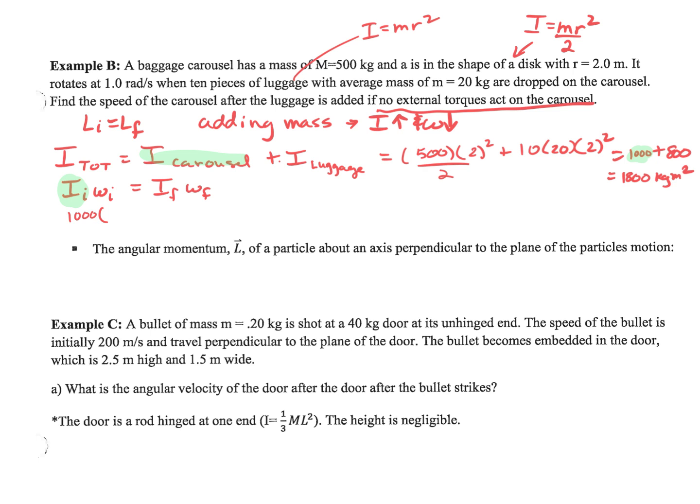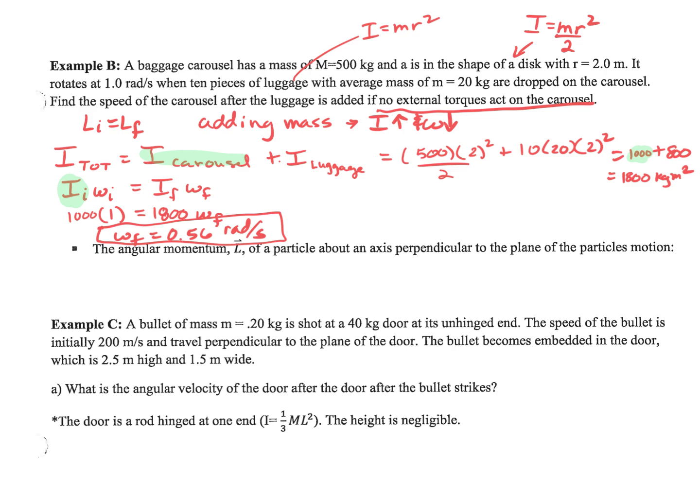It's going 1 radian per second, so times 1 is equal to I final, which we found was 1,800, times omega final. Okay, so 1,000 divided by 1,800 is 0.56 radians per second. So that was pretty easy to find.